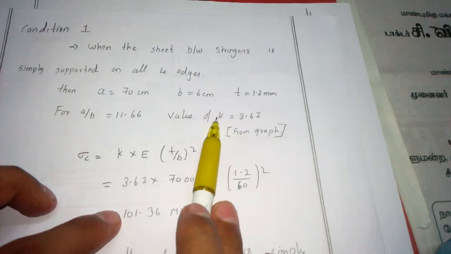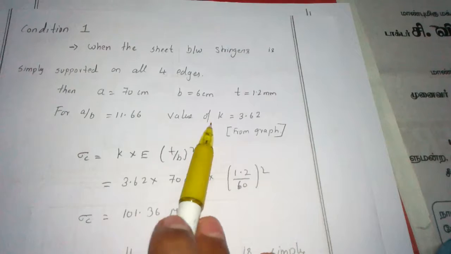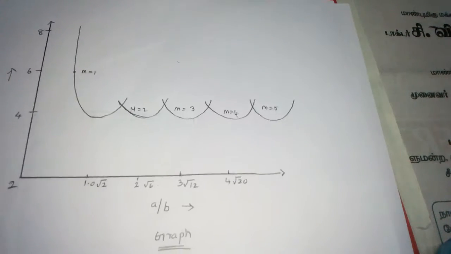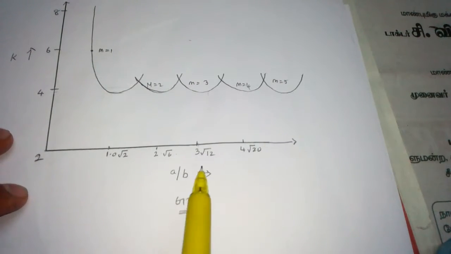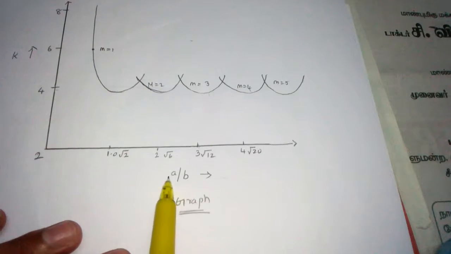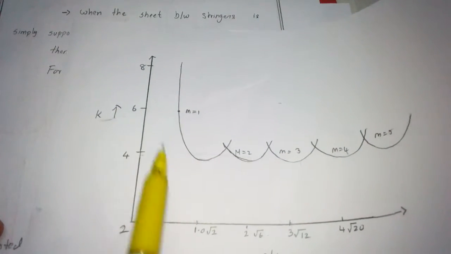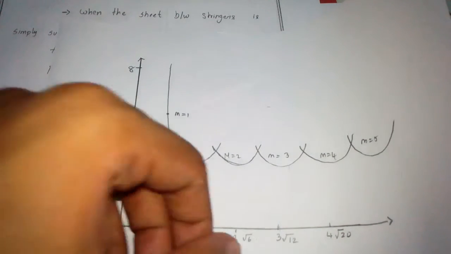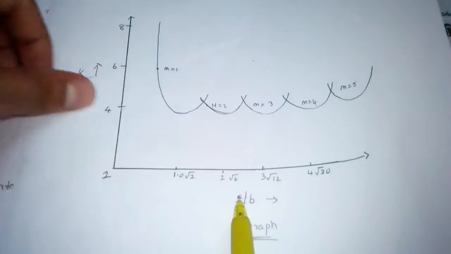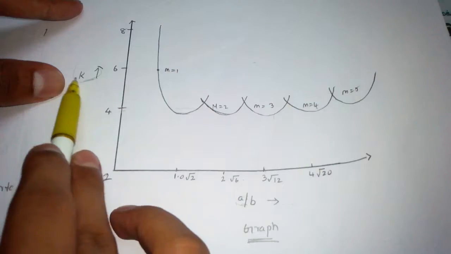How to find the value of K? There is a graph for that. In the graph, the x-axis is A by B and the y-axis is K. For this particular value, how much is the K value?